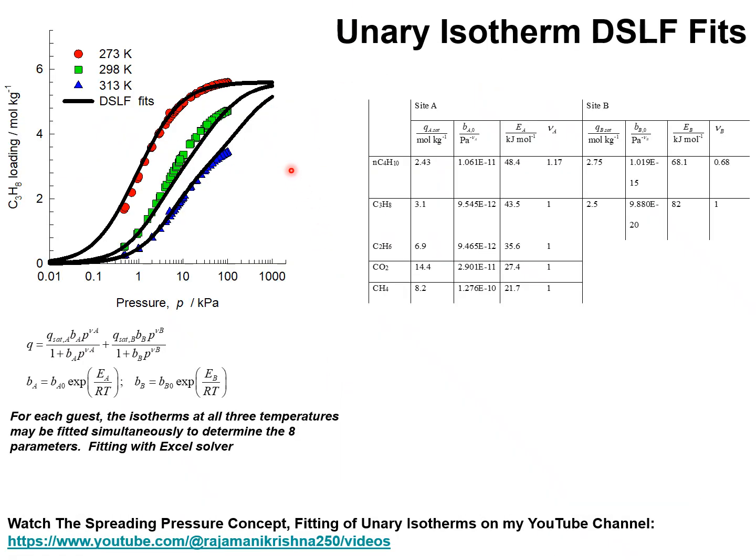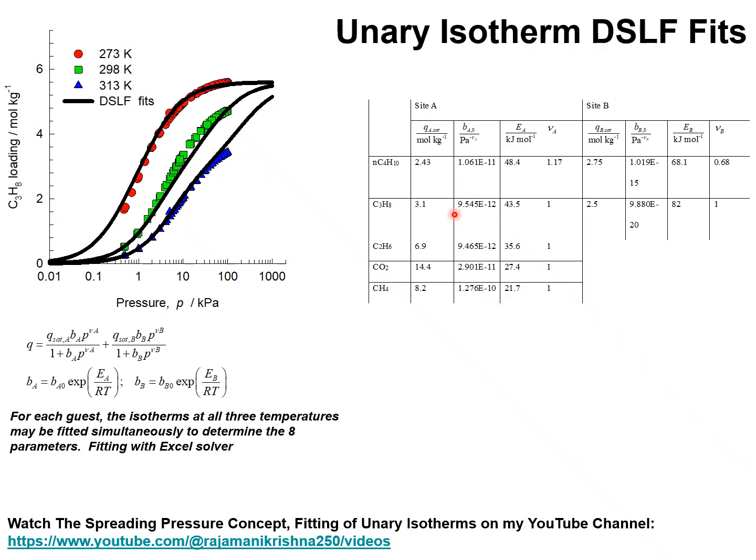The unary isotherm data for each of the 5 components is fitted with the dual-site Langmuir-Freundlich model with temperature-dependent parameters, as is described in earlier video presentations of mine that are listed here.